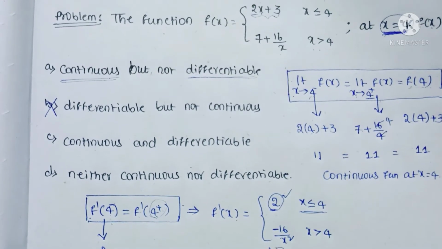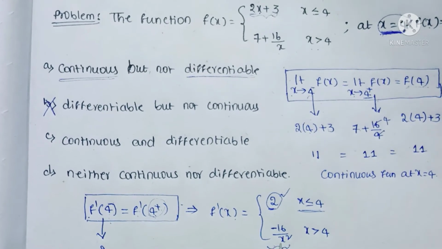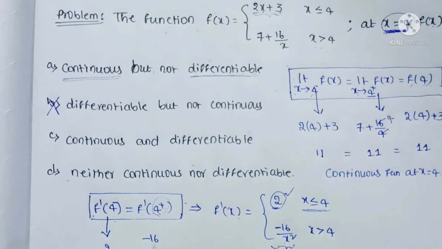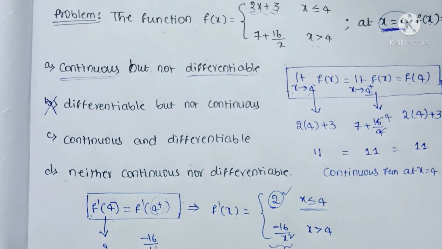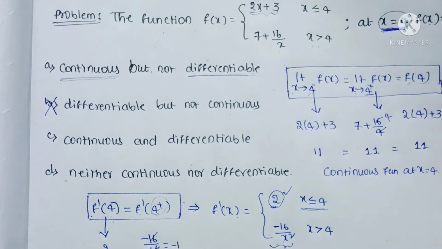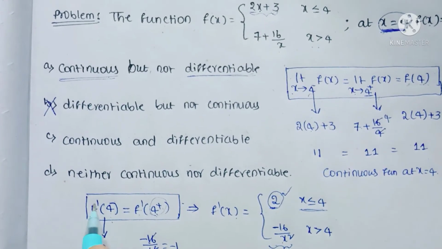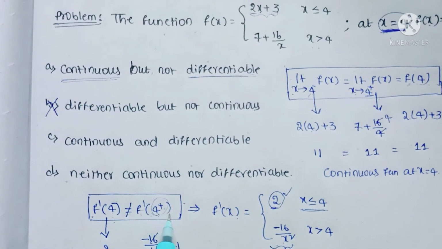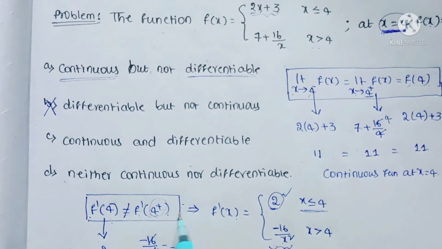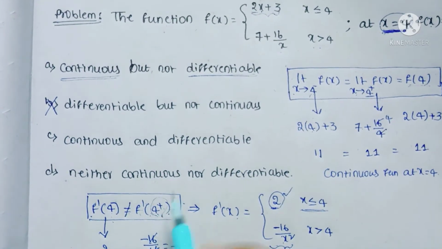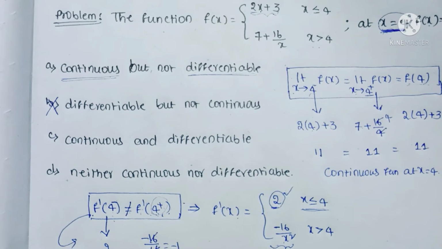So we have to take this function, and in place of x we substitute 4: minus 16 by 4 square, 4 square is 16, we get minus 1. 2 is not equal to minus 1. That is, f dash of 4 minus is not equal to f dash of 4 plus. So the given function f of x at x equal to 4 is not differentiable.